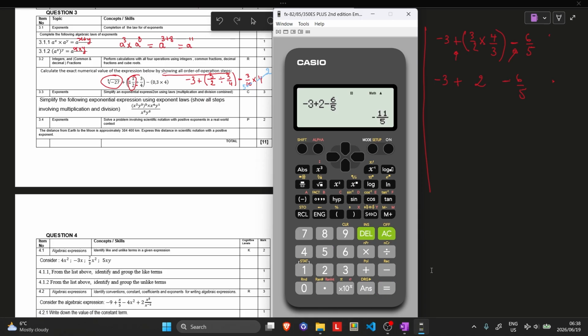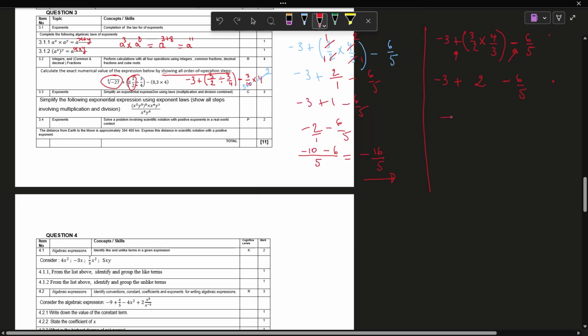And then, so the final answer here is minus 11 over 5.